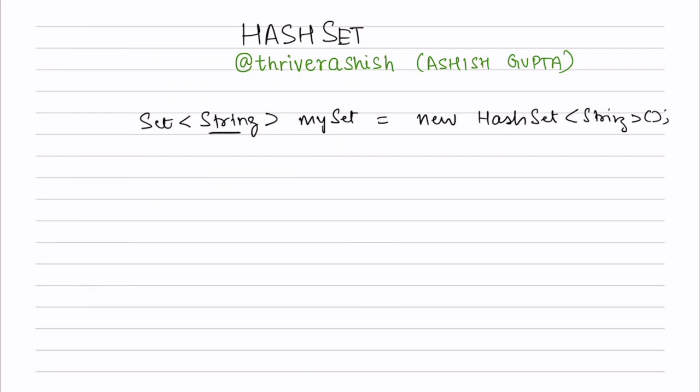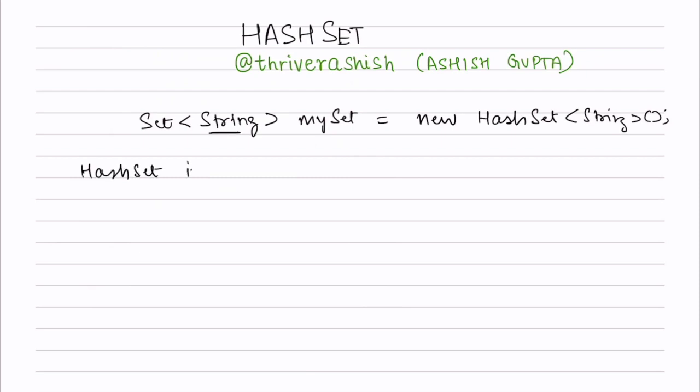Now what happens internally? Before going to internals, I'll say that please watch the HashMap video in which I have explained the internals of HashMap, because ultimately HashSet internally uses HashMap.